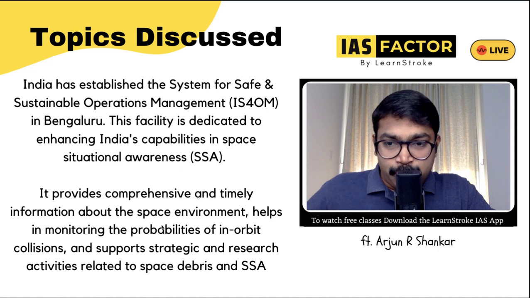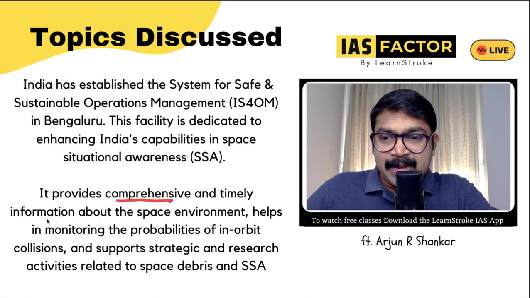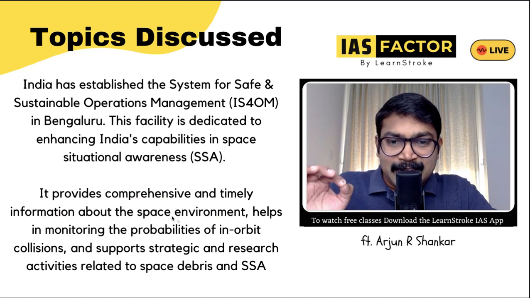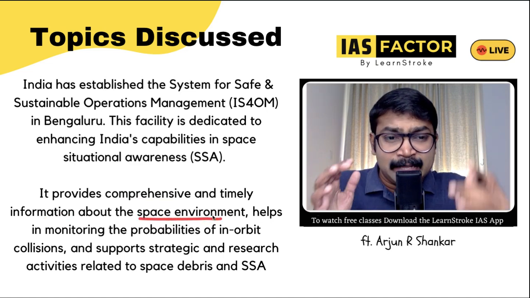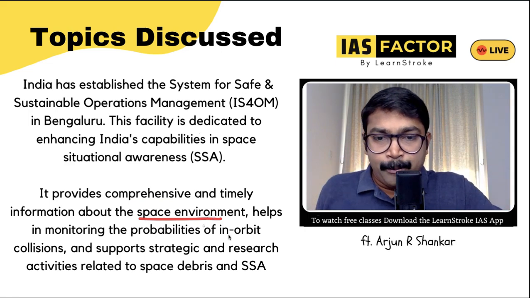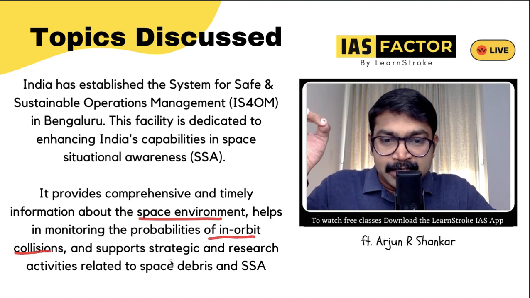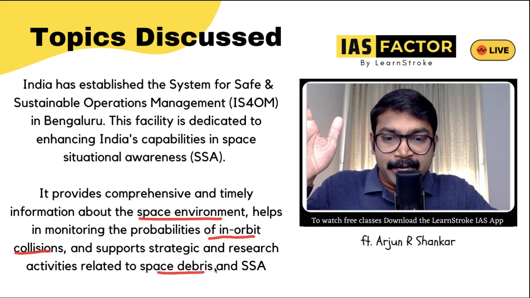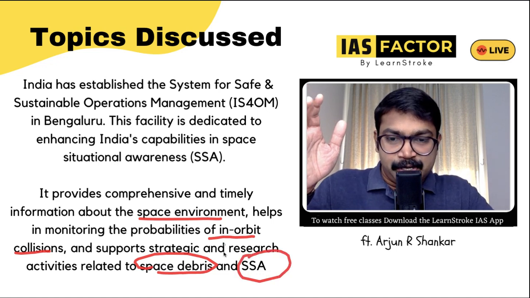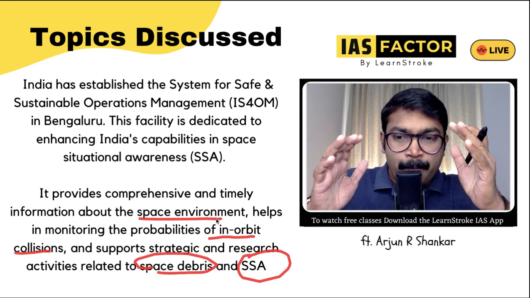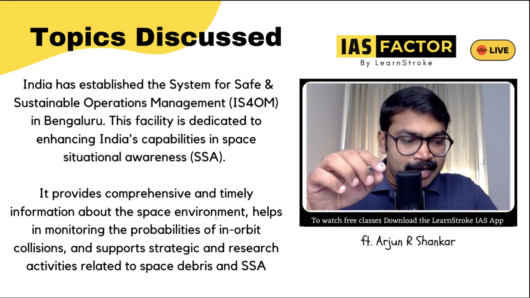It provides comprehensive and timely information about the space environment and helps in monitoring the probability of in-orbit collisions, which we just discussed with collision maneuverability. It also supports strategic and research activity relating to space debris. So to deal with space debris and track in-orbit collisions, you need to have this Space Situational Awareness station. India is also prepared for this.